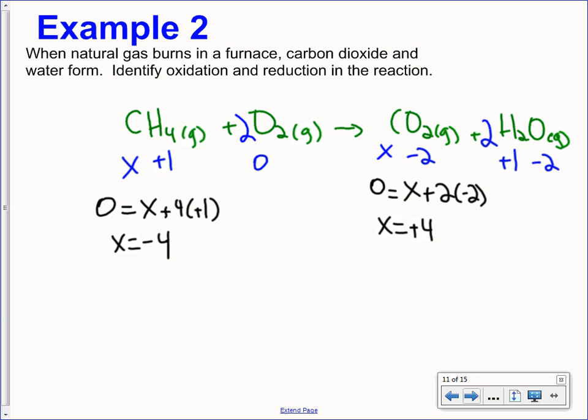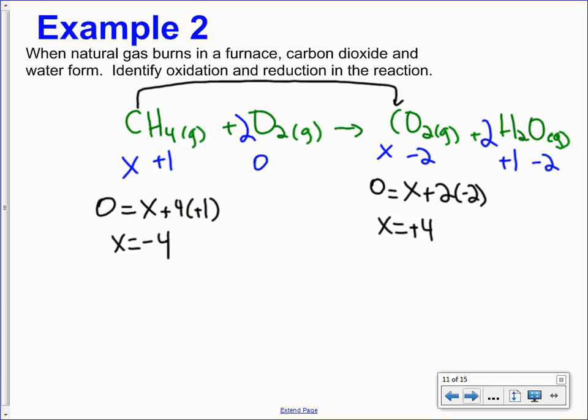So if we have a look in terms of what's changing oxidation numbers and what's not, hydrogen has an oxidation number of +1 on the reactant side and a +1 on the product side. So nothing's happening there. If we have a look at carbon, we'll line up our carbons.